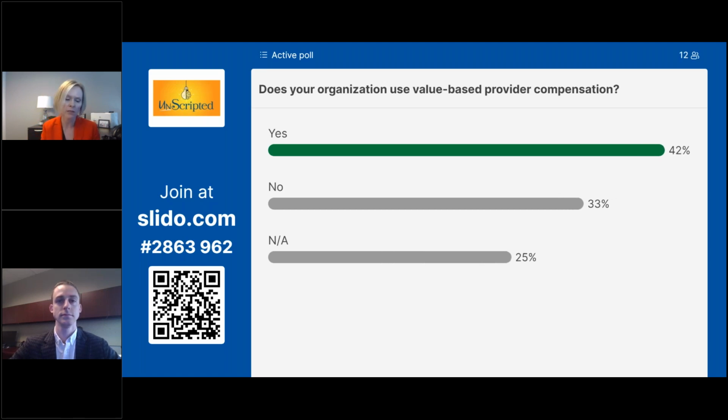In a private practice, of course, value-based compensation is coming in differently than it does in a hospital and health system, in that the practice receives that value-based reimbursement, and then that reimbursement is distributed based upon whether the private practice has a physician compensation plan or perhaps a different methodology solely for value-based reimbursement. So you may have value-based provider compensation, but clearly it would flow through your organization differently than it would to physicians in a hospital or health system.